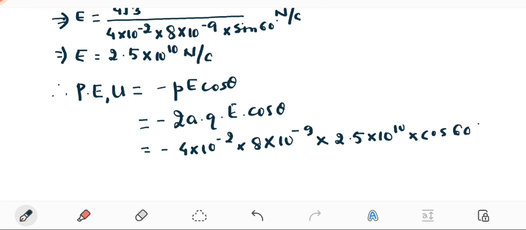Now when we solve it, we will get the answer that is equal to minus 4 joule. So this is how we solve these kind of questions in the board exam.